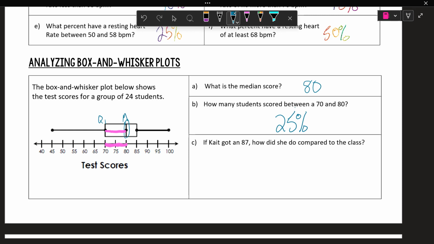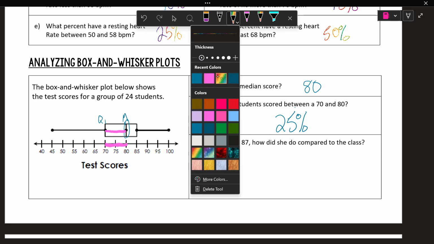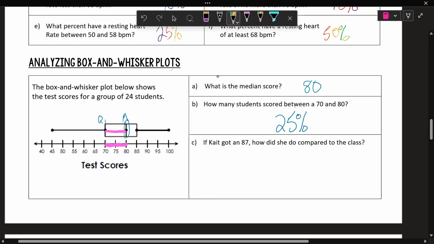If Kate got an 87, so good for her. Or them. 87 is somewhere here. How did she do compared to the class? Well, so we got all this. She did better than all these people.